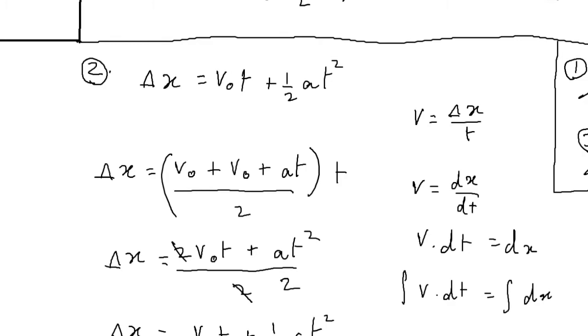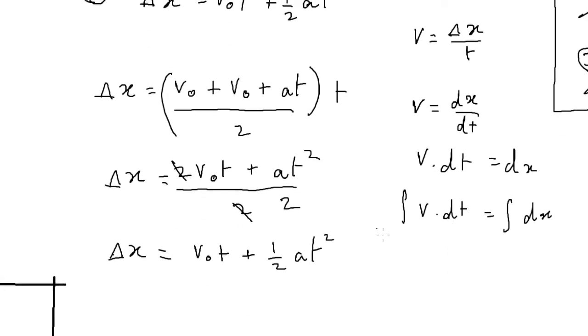Now, the limits for these integrals, let's do the integral for the velocity for some initial time, so time from 0 to some given time, and the limits for your displacement to be some initial displacement to some final displacement. Now, before we solve the integral, let's substitute the value for v.